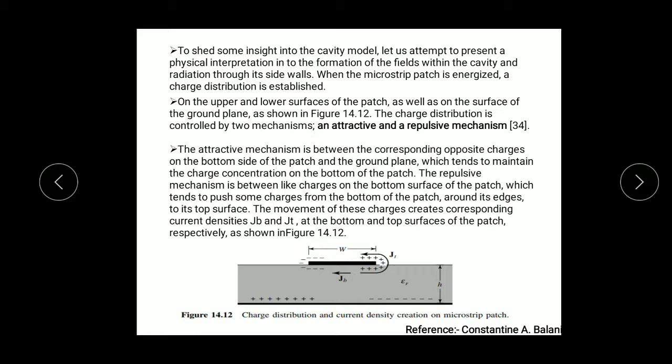The repulsive mechanism is between like charges on the bottom surface of the patch, which tend to push some charge from the bottom of the patch around the edges to its top surface.